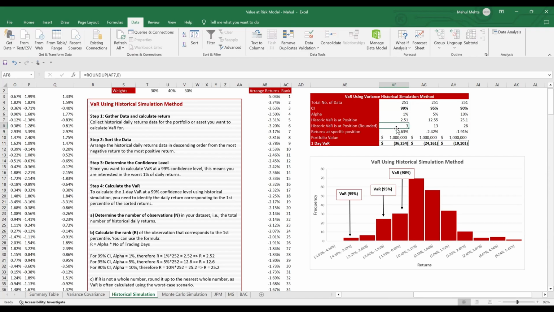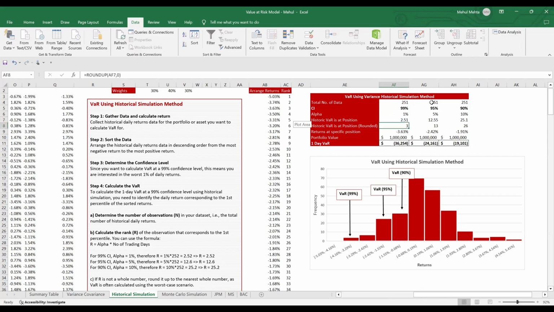Now, because we don't have anything as 2.51 in the position, or in the rank, we just round it up. So 2.51 rounded up is 3.